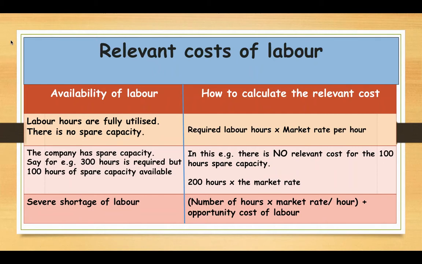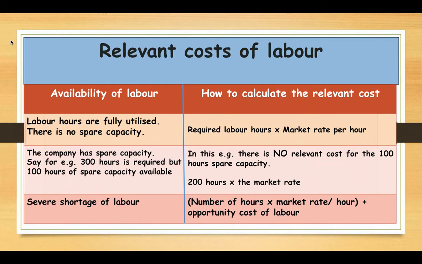Whether used in this project or not, the company has to pay their employees. Therefore, the relevant cost of labor for the 100 hours of spare capacity will be nil. But the relevant cost in this contract for the extra 200 hours, the company has to pay at market rate. So 200 hours times the market rate is going to be the relevant cost.